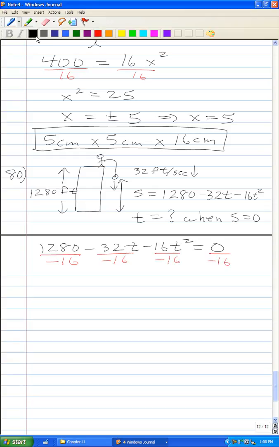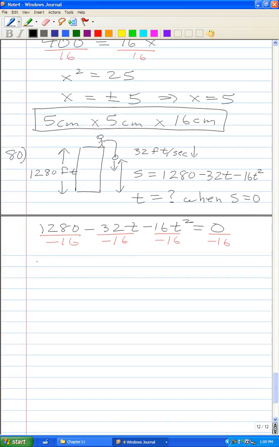And so I get, and let me write the t squared first, t squared plus 2t minus 80 equals 0. I guess I can't factor that. That's 16, 5, 8, 10. 8, 10. Ooh, maybe I can factor that.